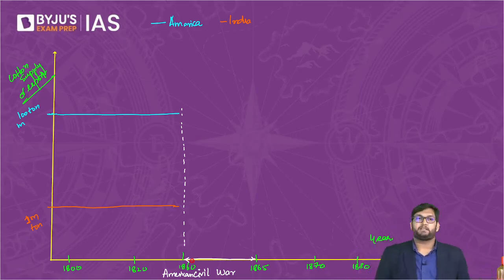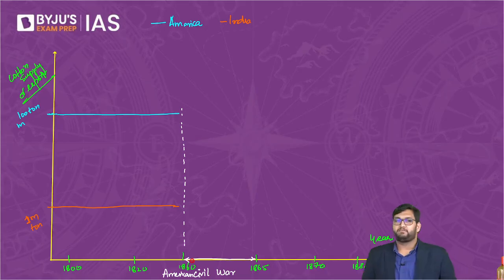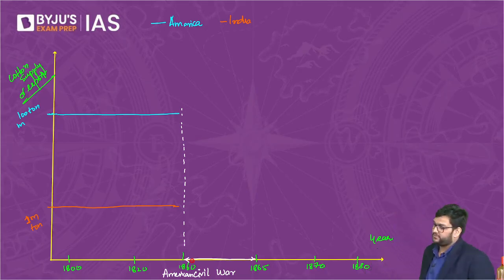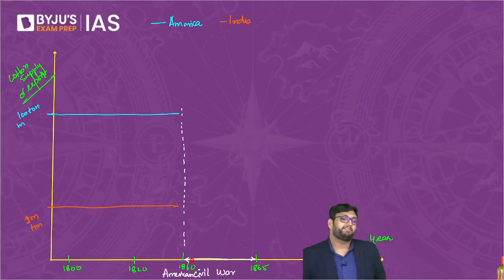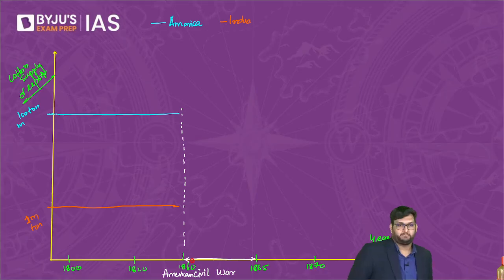Now Abraham Lincoln is going to win the 1860 elections of the president in America. And once he wins the election, he will say that let us do one thing. Slavery is a bad institution, let us ban it.